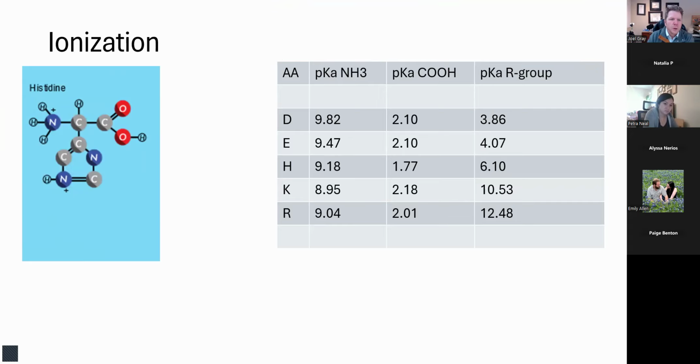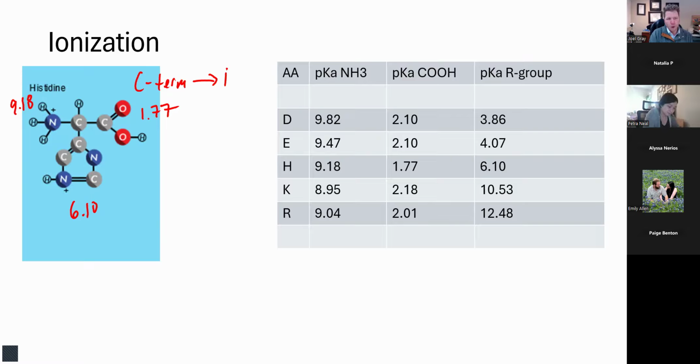If we move over to an amino acid like histidine, now I'm going to put these pKa values, 1.77. The N termini is approximately 9.18, and the R group is approximately 6.10. Well, when I'm deprotonating histidine, I'm going to deprotonate the C termini.